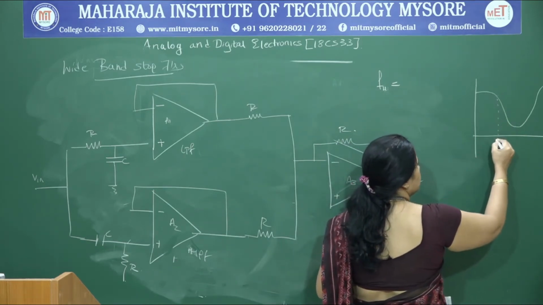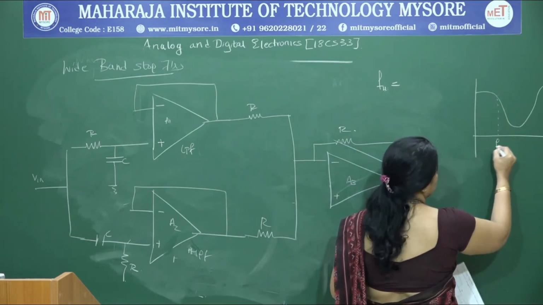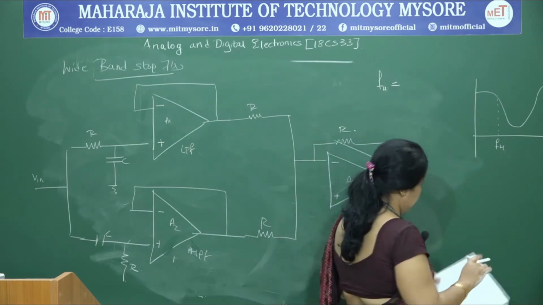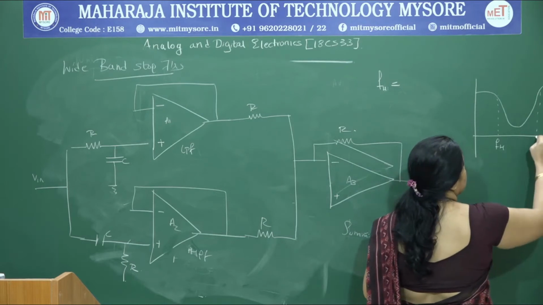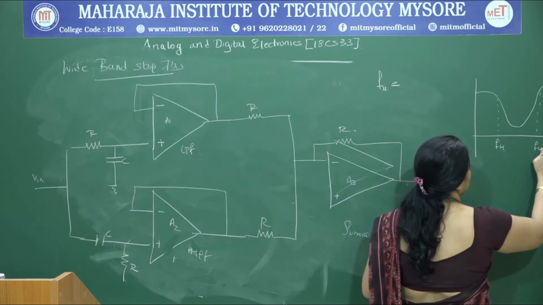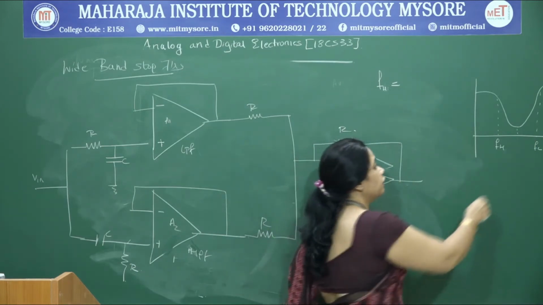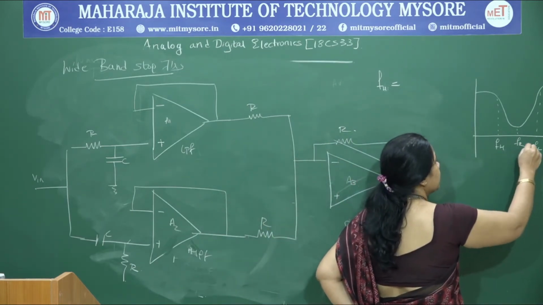This is a low pass filter designed to have a cutoff frequency FH, and a high pass filter designed for cutoff frequency FL, and the frequency at which the attenuation is maximum, we will call it the notch frequency FR.